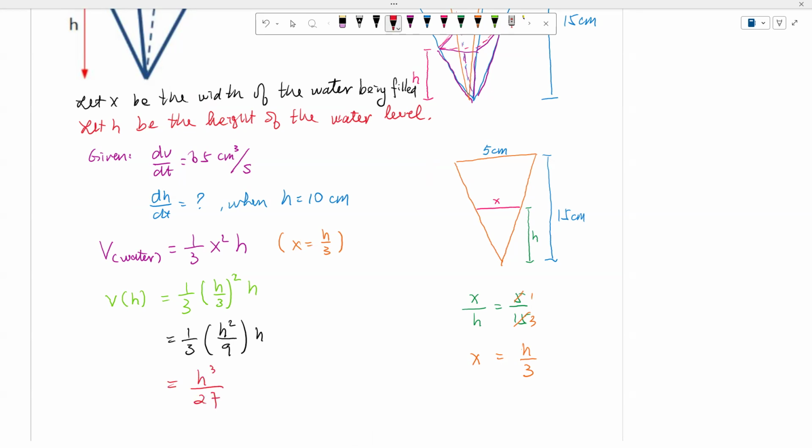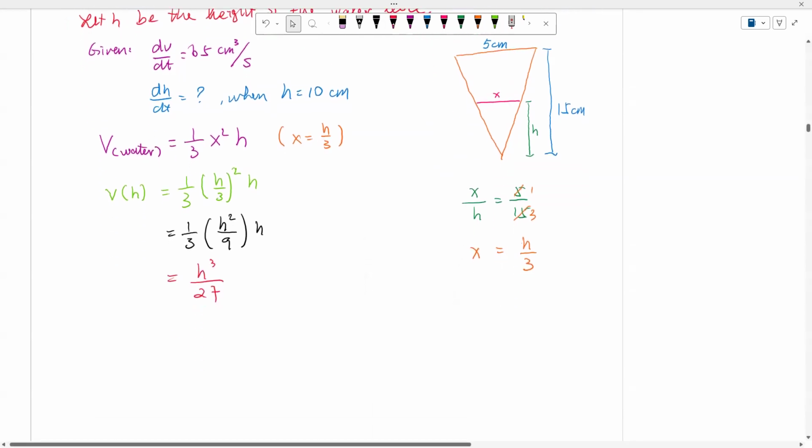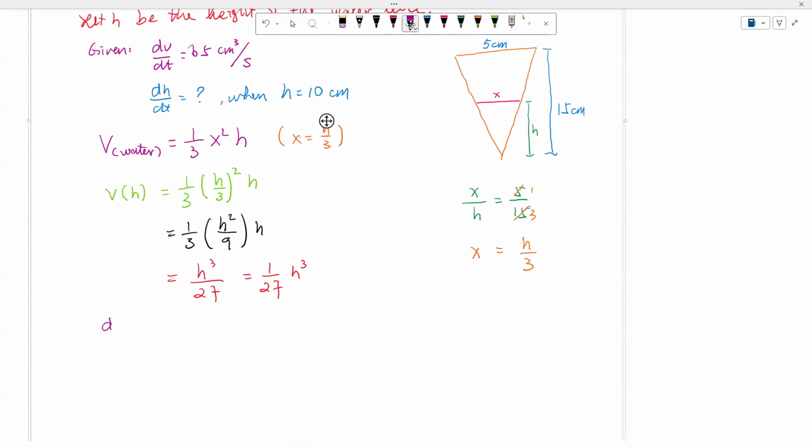It is easier for me to find the derivative, so maybe just write it this way: 1 over 27 multiplied by h to the power 3. Now I would like to take the derivative with respect to time of V equal to the derivative with respect to time of 1 over 27 h to the power 3.